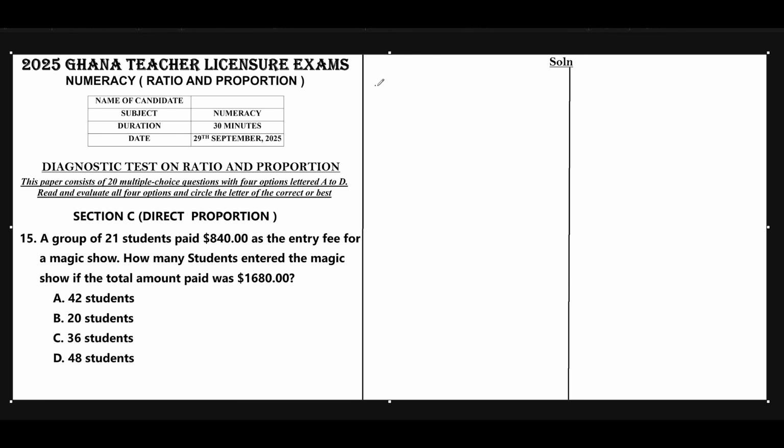So we have some number of students, and then their costs. So these are the two main quantities given in the question: students and then the costs of the entry fee.